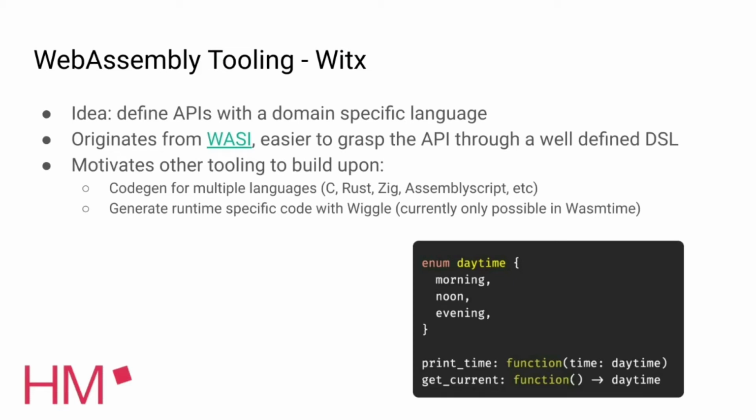It's more accessible than a generic API via a well-defined DSL, and it motivates all the other tooling built on top of it. So there's a code generator for multiple languages, which generates C, Rust, AssemblyScript code, etc., that you can then use to link against. And it generates runtime-specific code, which is at the moment, unfortunately, only supported in Wasmtime with a tool called Wiggle.